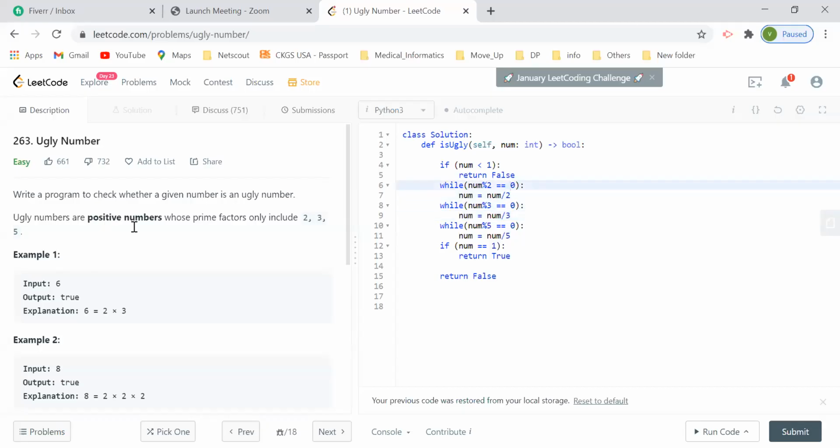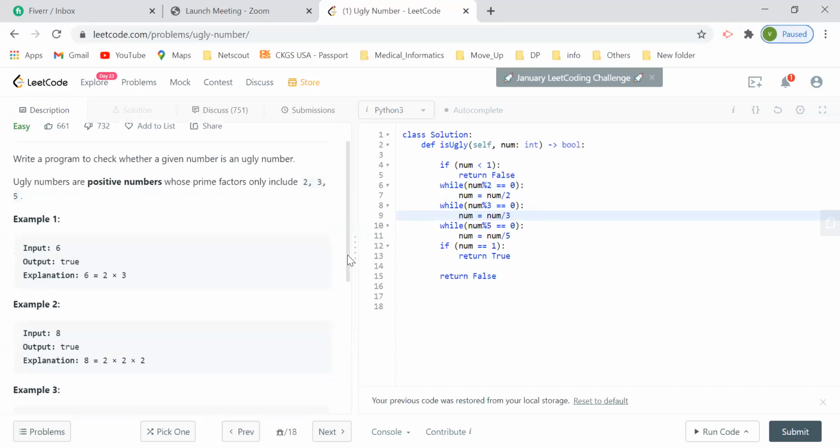Okay, so ugly number: write a program to check whether the given number is an ugly number, a positive number whose prime factors only include 2, 3, and 5, right?